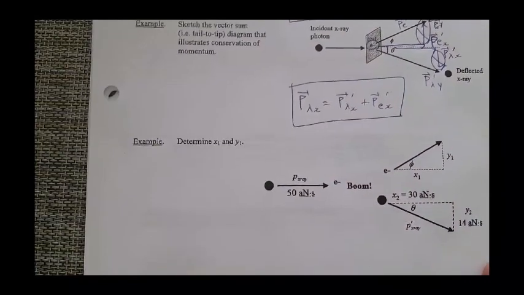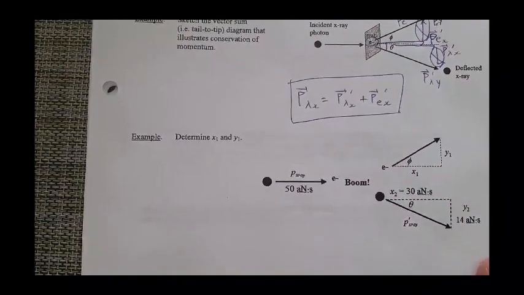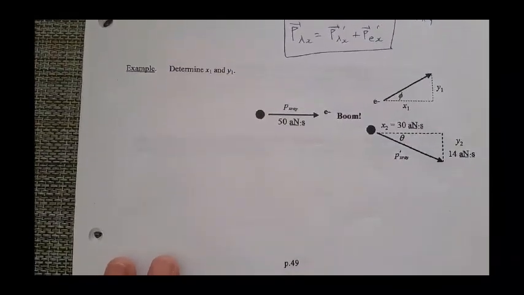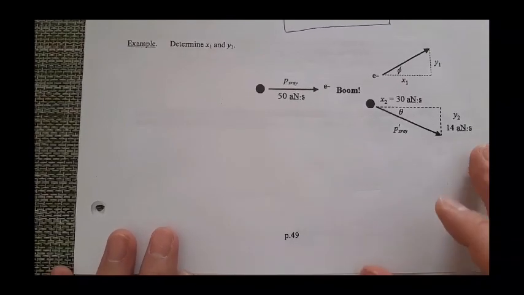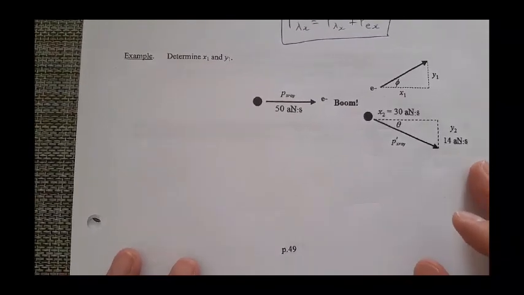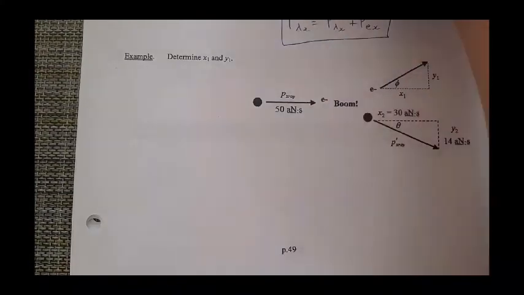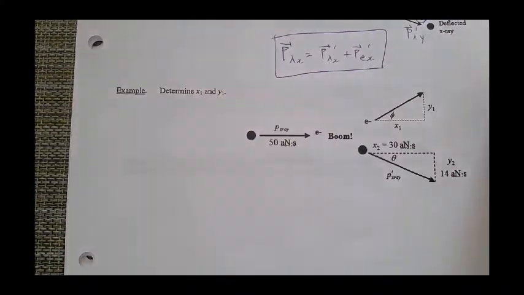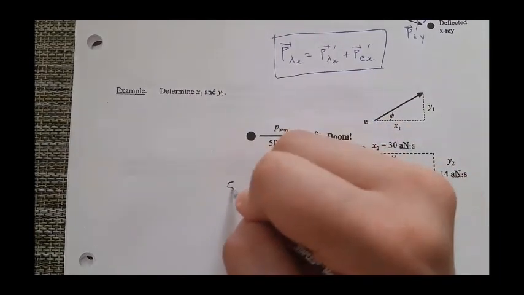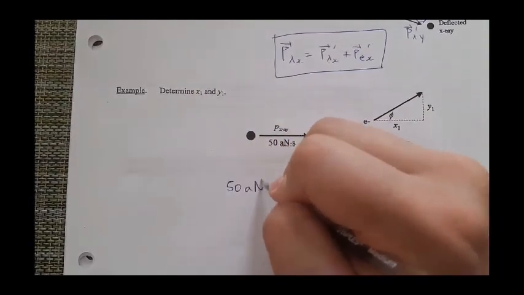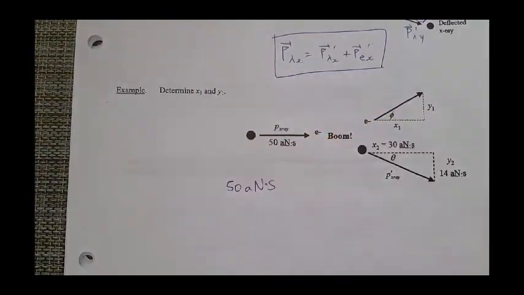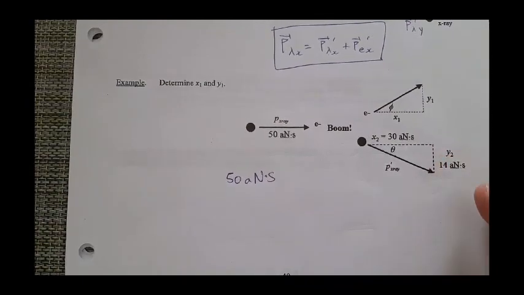We can get to this conclusion, which provides an idea of how we can approach determining X1 and Y1, if I use the previous one. There you go, this conclusion: 50 A and S, this is atomic level, so that's why you have that A in front.